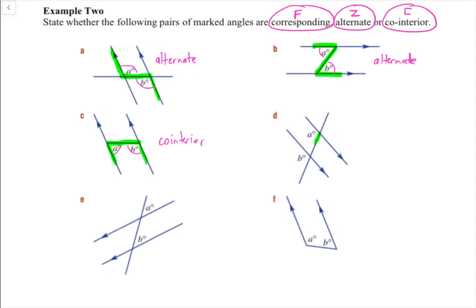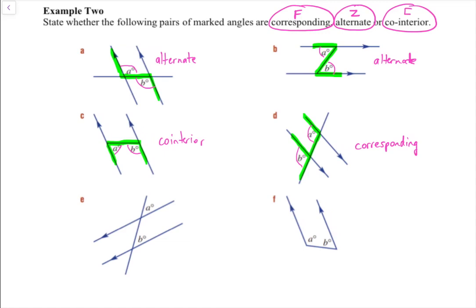For part D, I can see the angle A and the angle B occur there, and that is a bit like a sideways backwards F shape. There's my angle going under and under, and if they're F shapes, they're called corresponding angles, and they would be equal to each other.